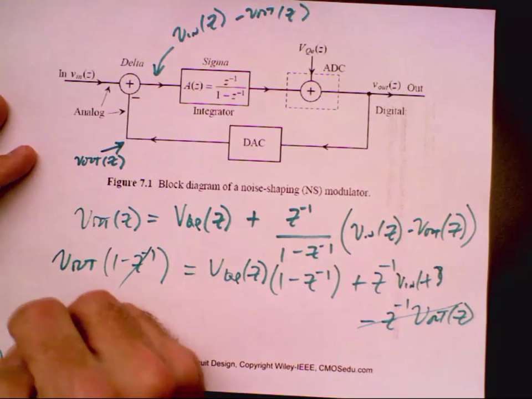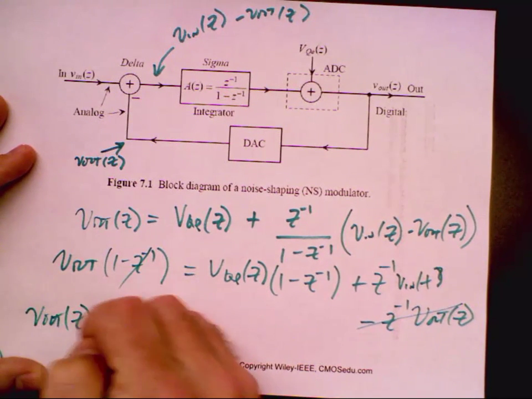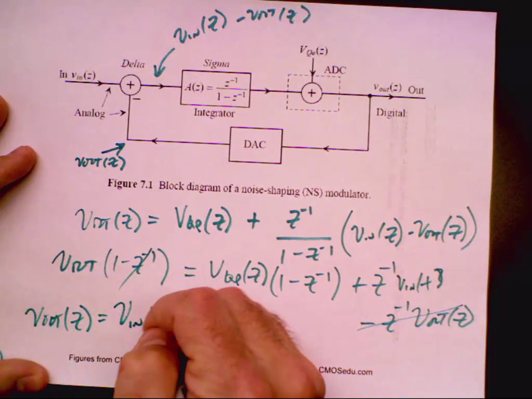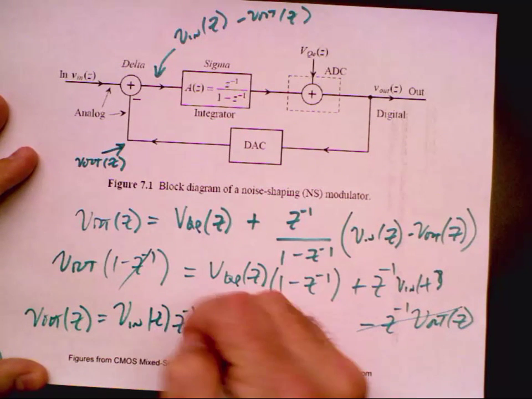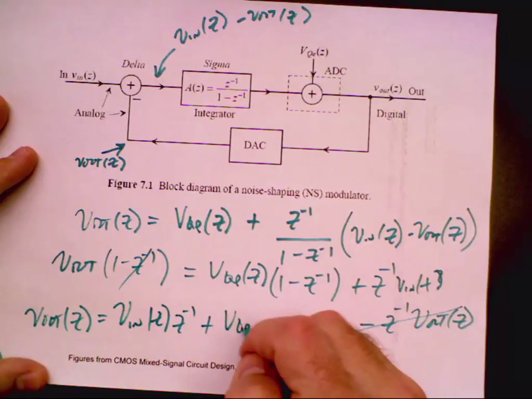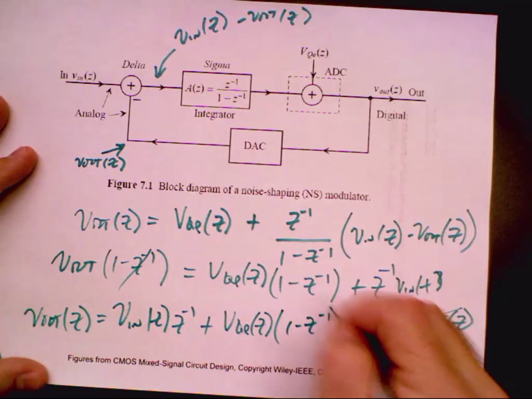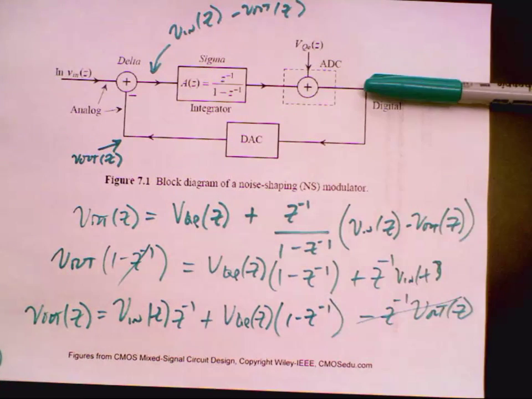Then V out of Z is equal to V in of Z times Z to the minus 1 plus VQE of Z times 1 minus Z to the minus 1. Let me see how I wrote it in the book. Any questions about that?